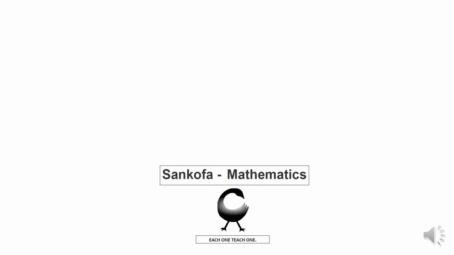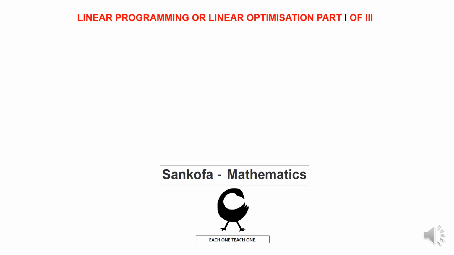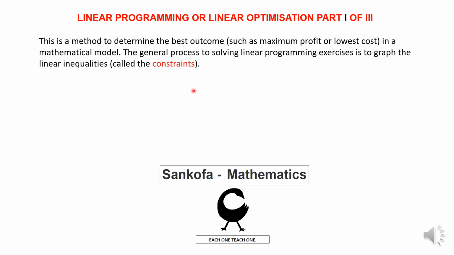So what I'm going to do today is a three-part series on linear programming, also known as linear optimization. We are going to look at things like the maximum or lowest, or greatest or minimum, in order to establish a mathematical model for some real life situations.